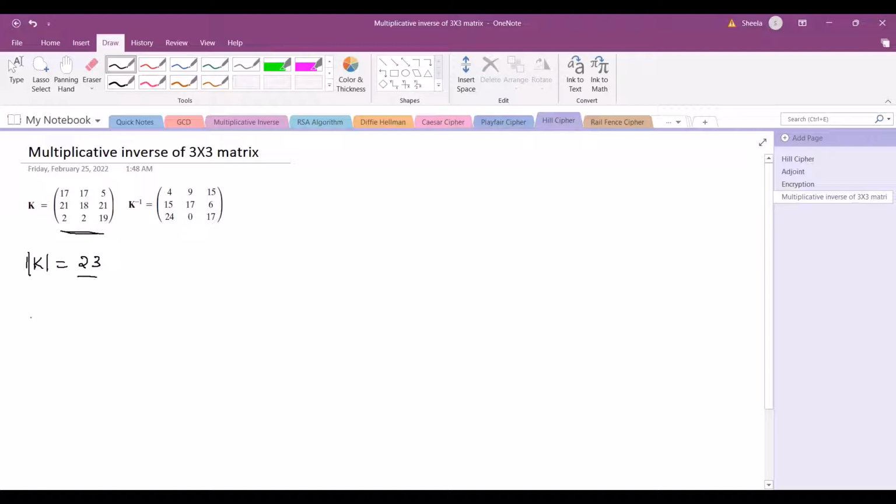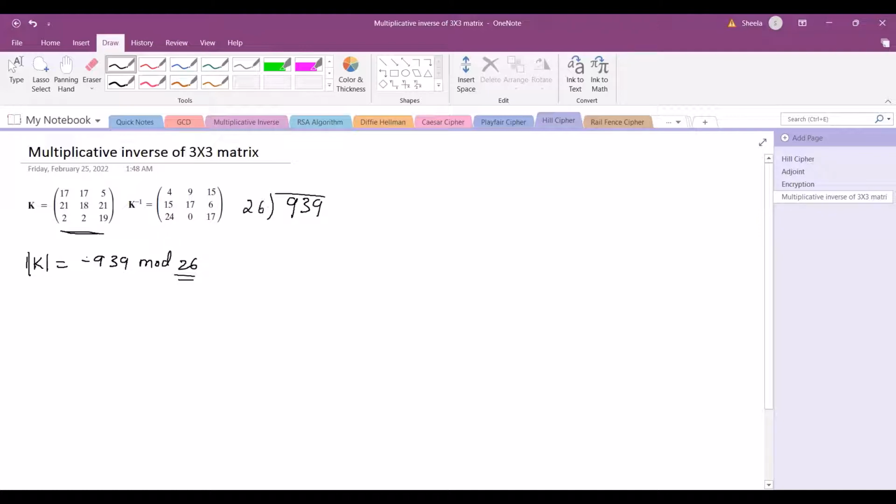When we take the determinant from the calculator directly, we are going to get the determinant as minus 939. For this, I need to take mod 26. As I told, when the number is large, you first divide 939 by 26.